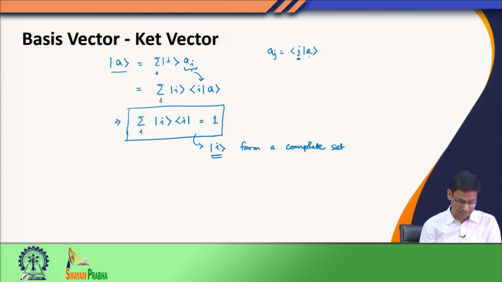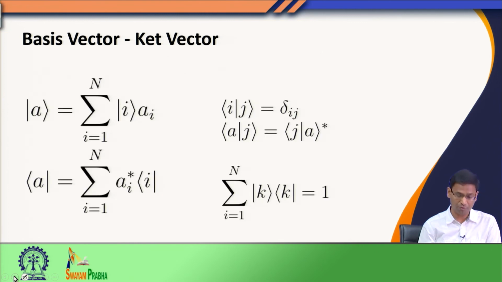Since we obtained quite a few pieces of information, to summarize, this is what we have obtained. We went from basis vector notation to ket vector. Basis vectors we defined in a Cartesian sense, and then we came to the ket vector, which is now n dimensional.